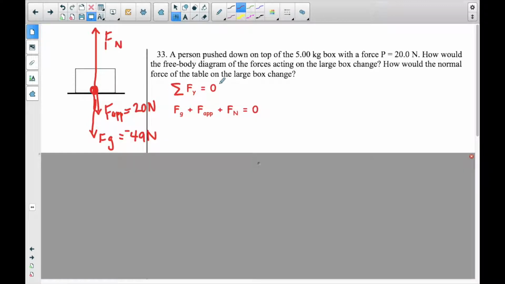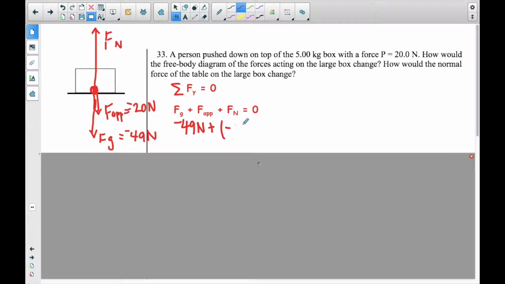If we start with the conception that the sum of the forces in the y direction is equal to 0, and we look at our free body diagram, we have the force of gravity, the applied force, and the normal force, and all of that is supposed to add up to 0. I realize now that my applied force should be negative because it is pointing down. You're pushing down on the box, so that is a negative force. So my gravitational force is negative 49 newtons.